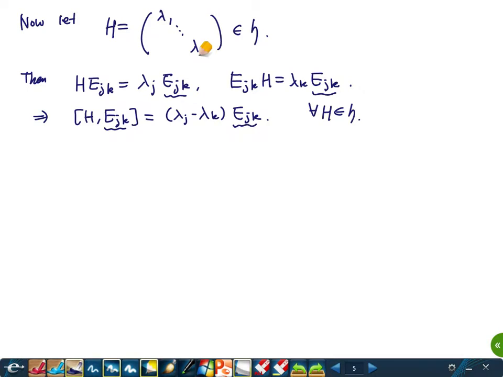That means this part is a simultaneous eigenvector, or in other words, it's a root vector. It's non-zero. For some root that gives us this value. We will find what that root is. Or simultaneous eigenvector, that's the same meaning.